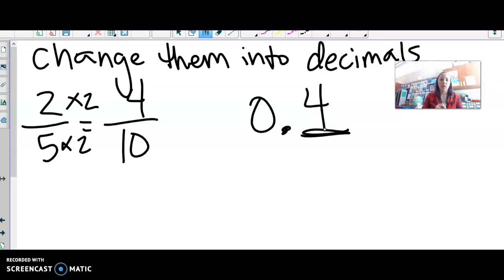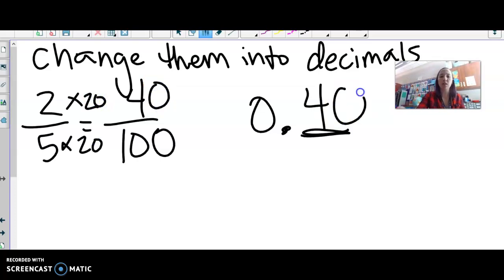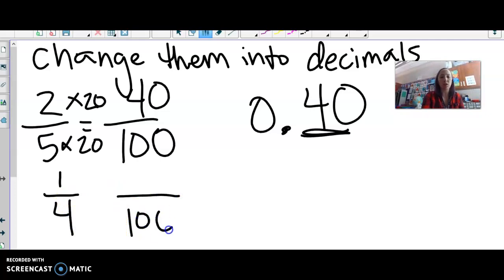I also could say, if I want to change it to hundredths, I could multiply by 20 instead. Get 40 hundredths, equivalent decimal, 40 hundredths. Now, say I was comparing it to 1/4. I could say, okay, I want to make this out of 100. I better multiply by 25, because I know 4 times 25 is 100.